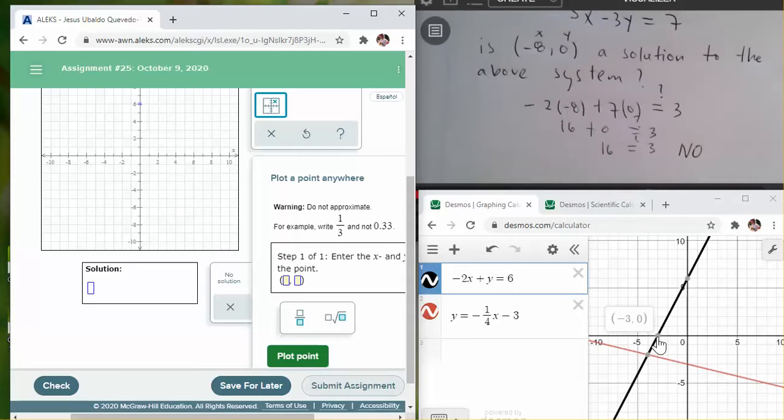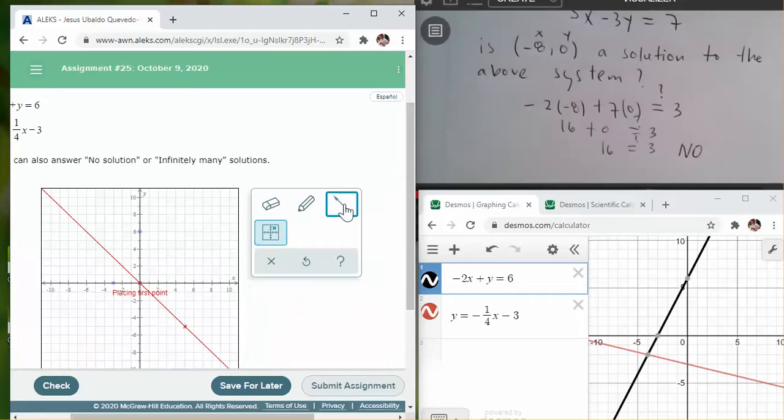We just need 2 points for each line. Negative 3 and 0. Plot. And now we need to draw the line here. So that's the first line, that's the black line.